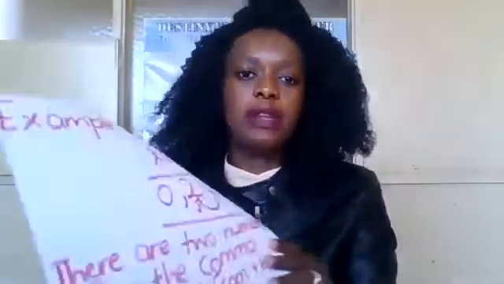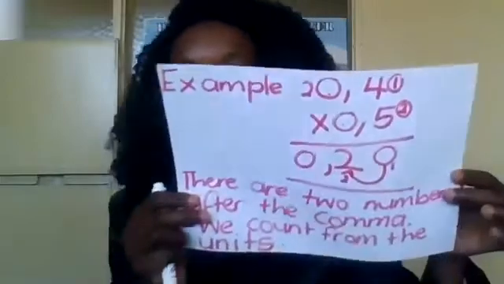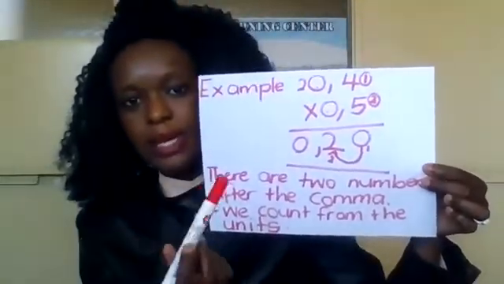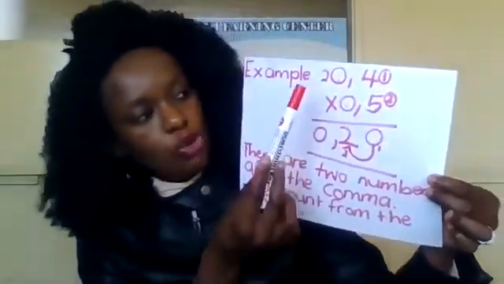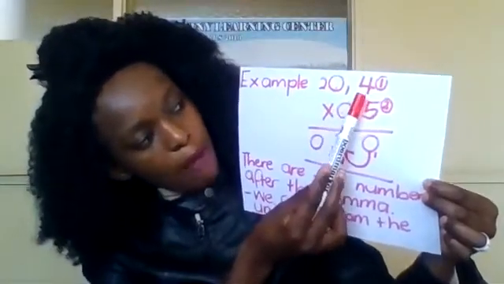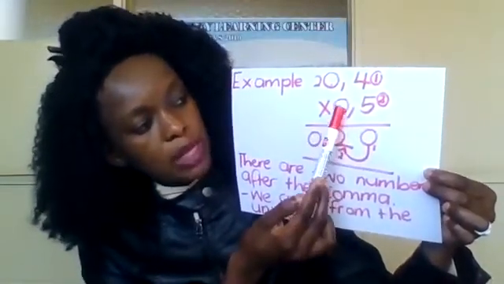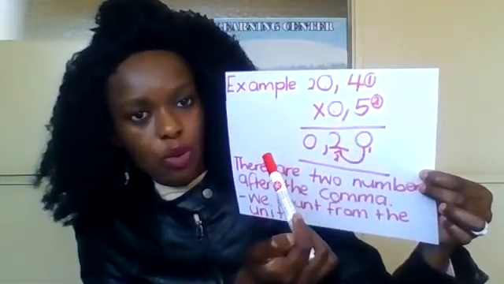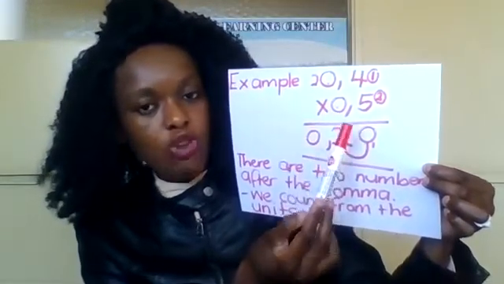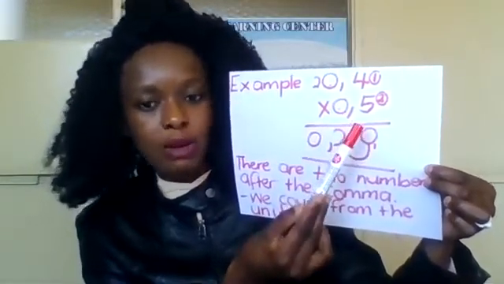This is an example of what I am talking about. You are multiplying 0,40 times 0,50. When you are multiplying, you count the numbers after the comma.